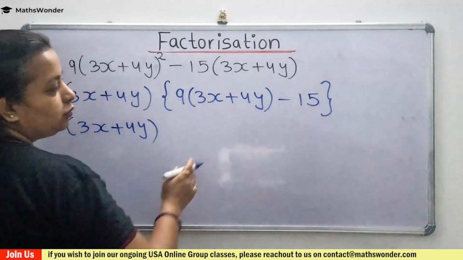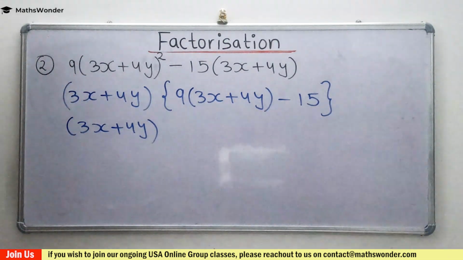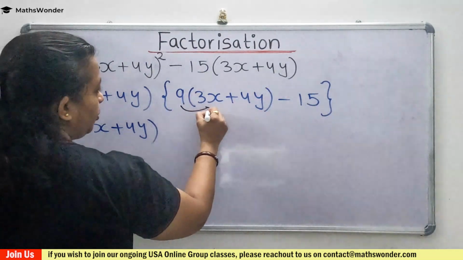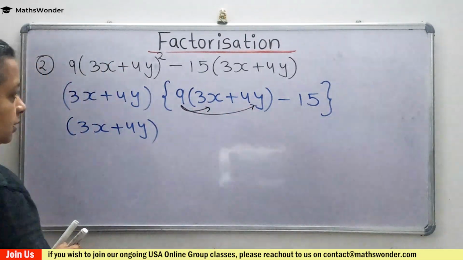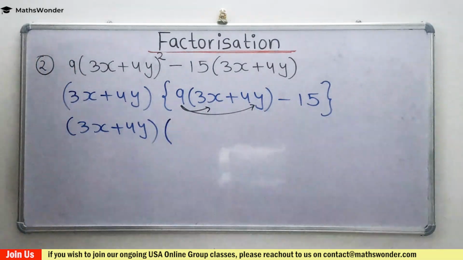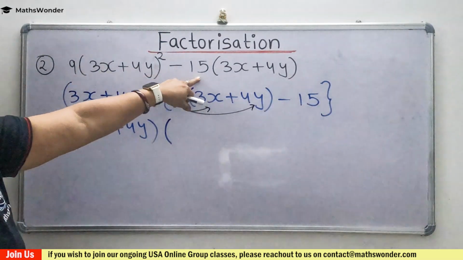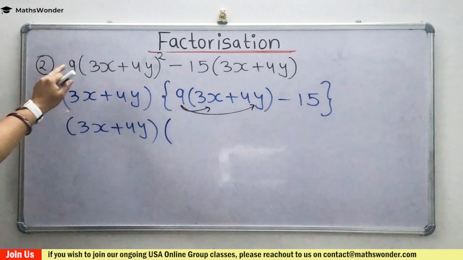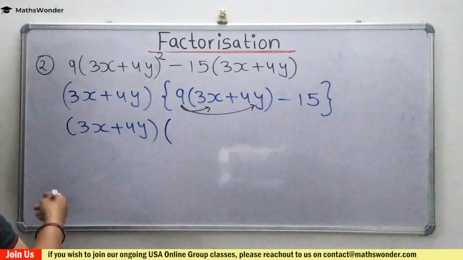Now you will use the distributive property and solve this part. 9 times 3 is 27. Oh, what we can take out, 9 and 15 is also here, so you can take 3 as common also, right?